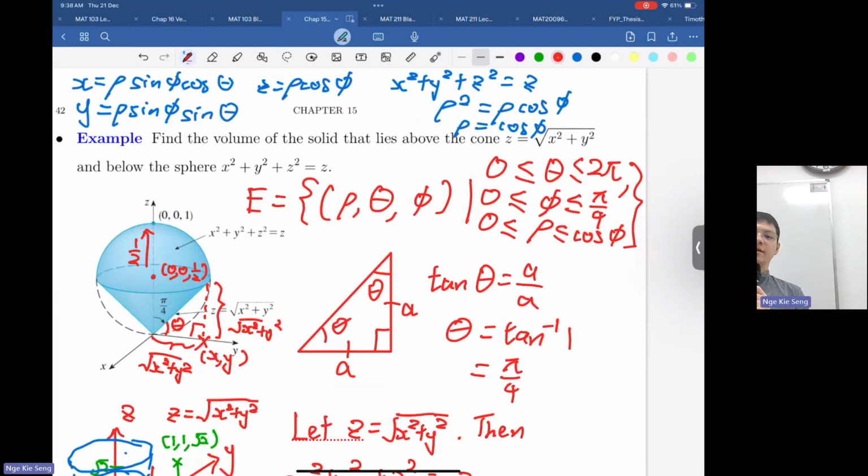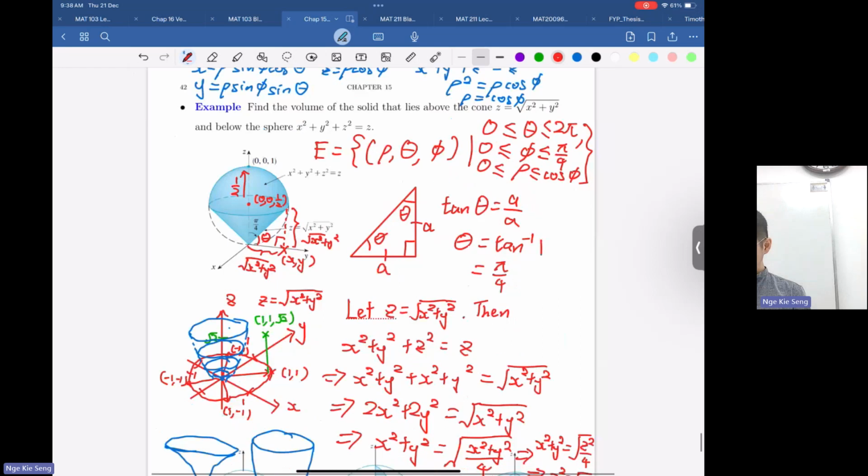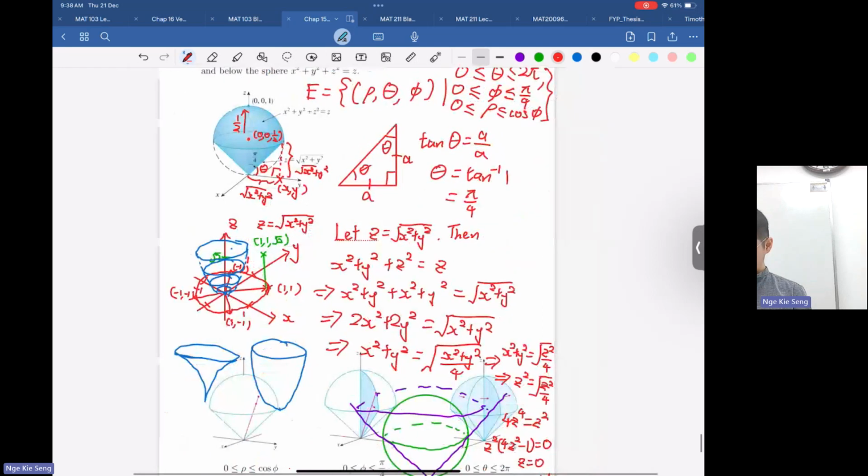As I said last time, the hardest part is to determine the integration domain. After you determine the integration domain, you just do the triple integral. So let's move all these things away.